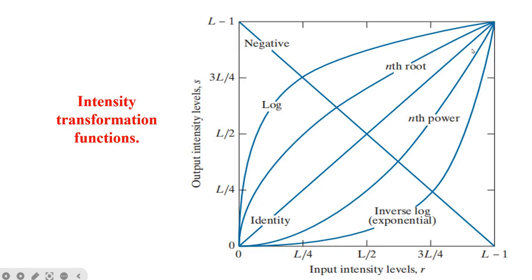Even the identity goes from this point to this point, whereas the negative is opposite to that. Then you have nth power and nth root. This is the curve of input intensity levels r versus the output intensity levels s.